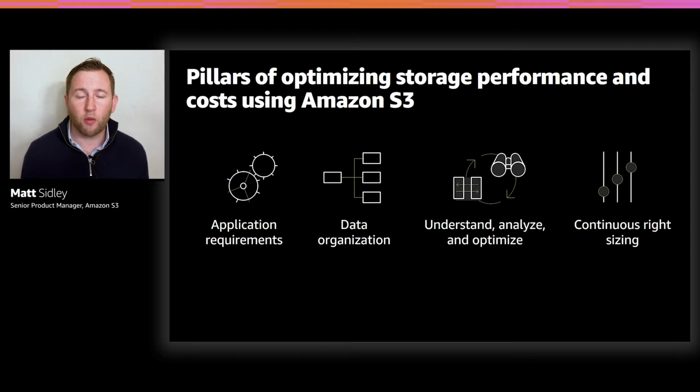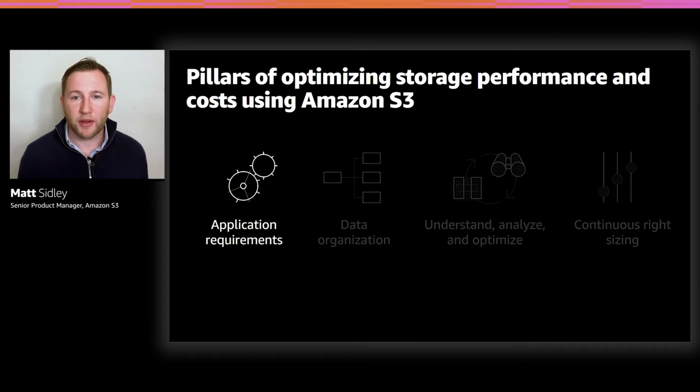We expect to see a wide diversity of data sets across your organization, accessed at different rates, and requiring different levels of performance. The fourth pillar is what we call continuous right-sizing. And when I say right-sizing, it's really about choosing the right storage class for your data sets that you organized and setting up the right access and policies for your requirements.